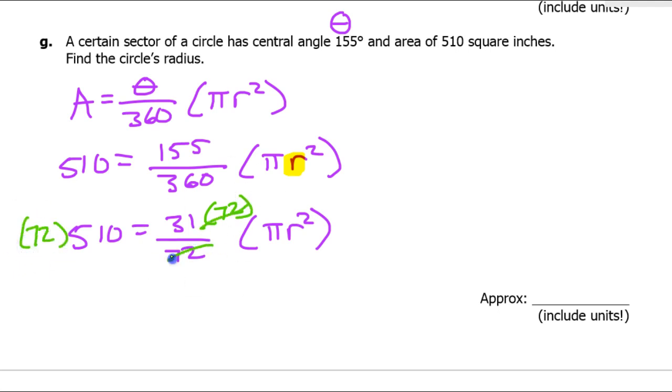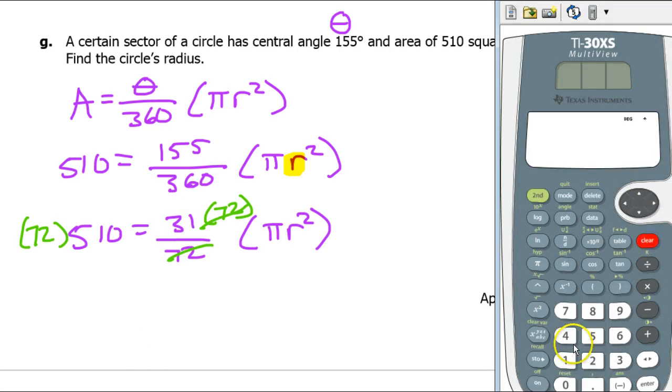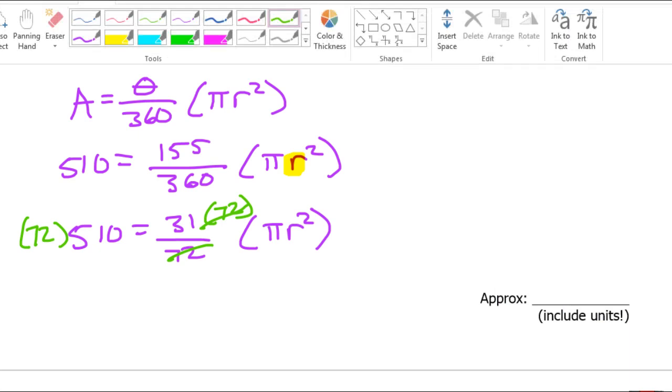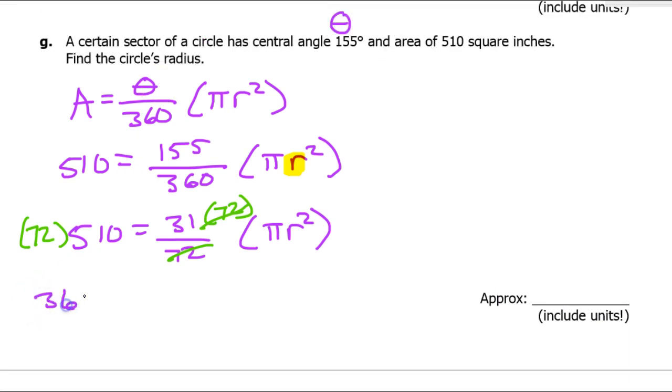That way the 72s will cancel each other out. So what is 72 times 510? 36,720. So that's equal to 31 pi r squared. I'm still trying to get r by itself, so my next move is to divide both sides by 31 pi.